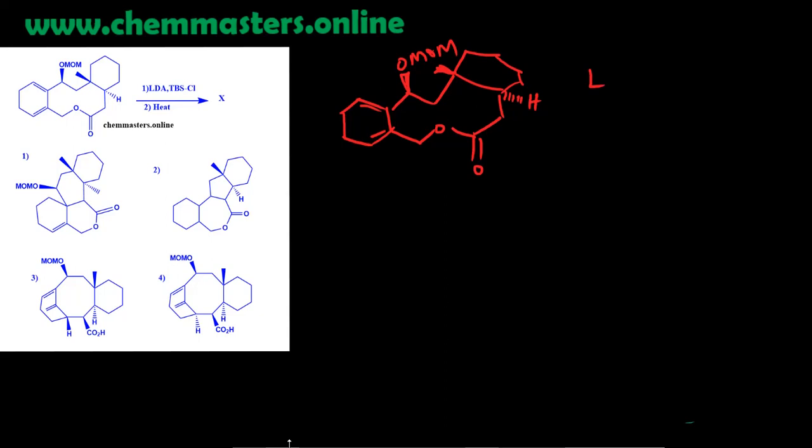Right, so we are given LDA. We know that LDA is a strong and bulky base which can abstract acidic protons. So it is going to abstract a proton here, and there is the formation of enolate. I'm going to draw that enolate as the first step of the reaction.